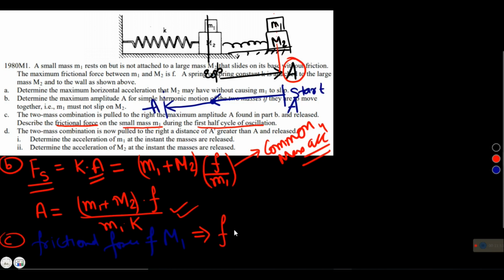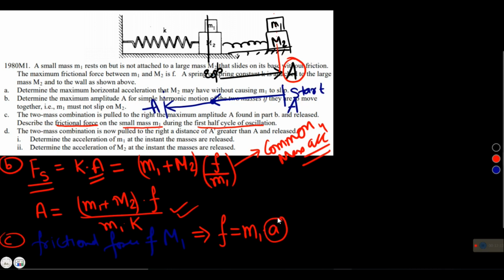The frictional force is a net force on M1, so this will be equal to mass into acceleration. See, we have displaced it to the maximum displacement for which the acceleration is the same, so both the blocks will move together.